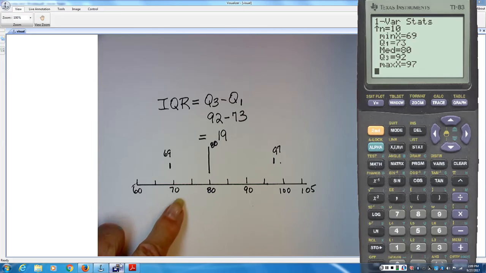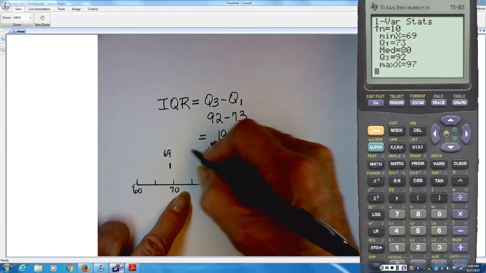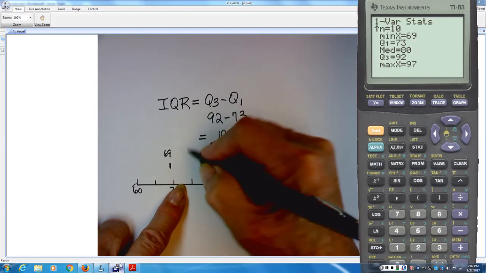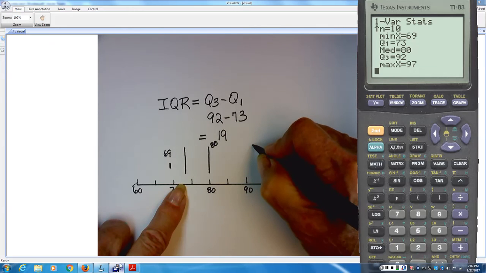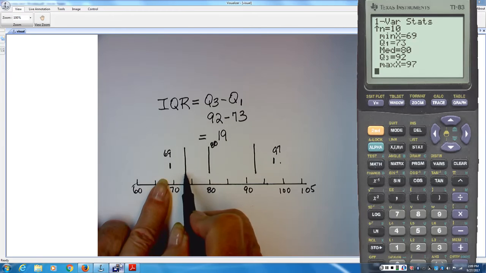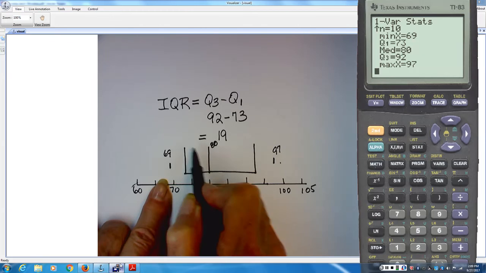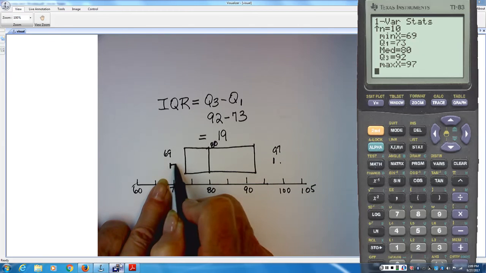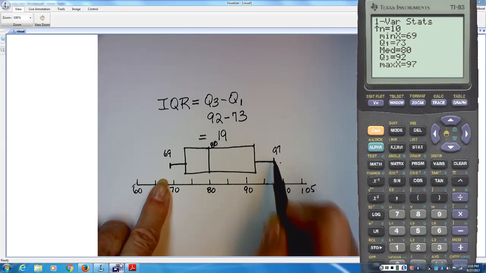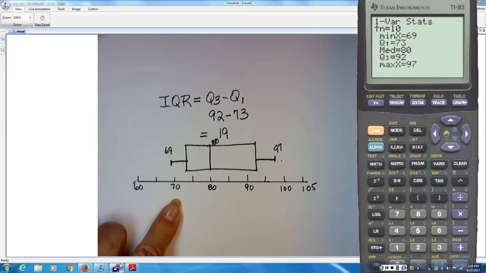And 73 and 92 are the quartiles. So there's the box and whisker plot. That's what yours is going to look like.